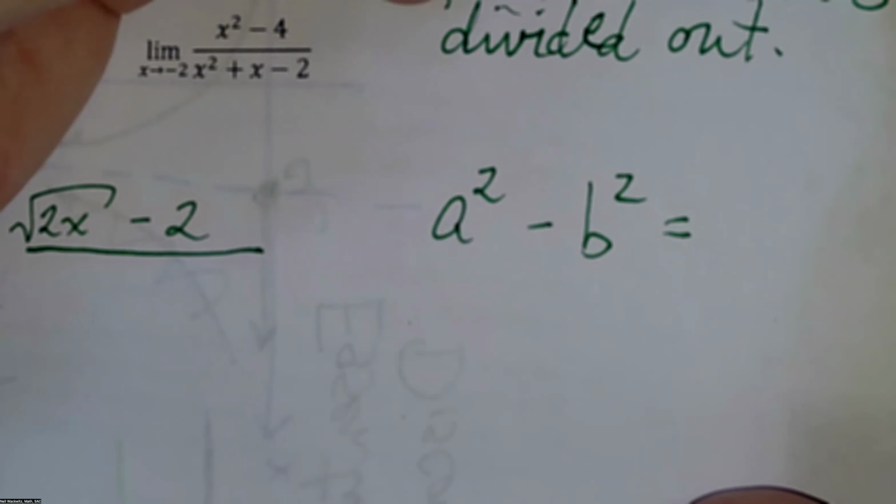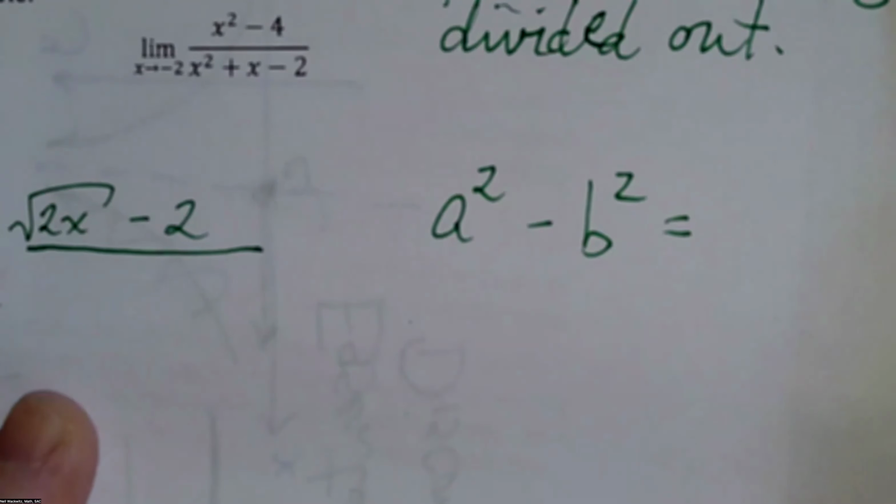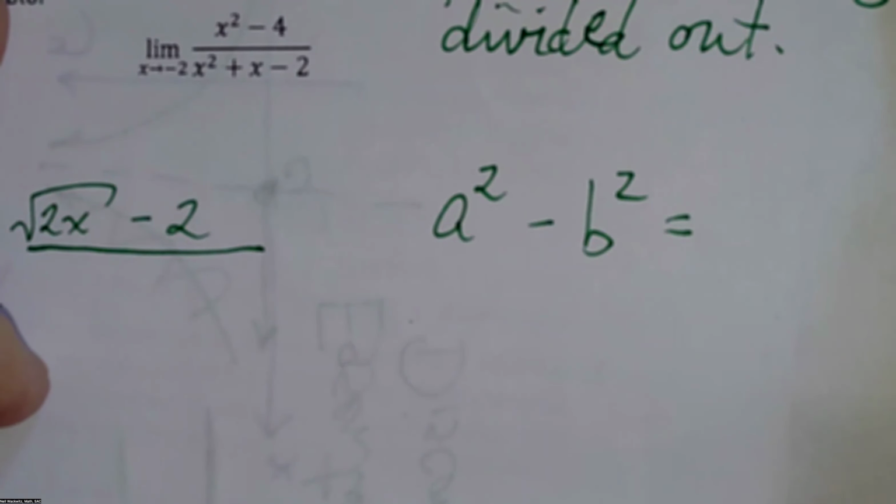How do we factor the difference of 2 squares? Isn't it a squared minus 2ab or something like that?